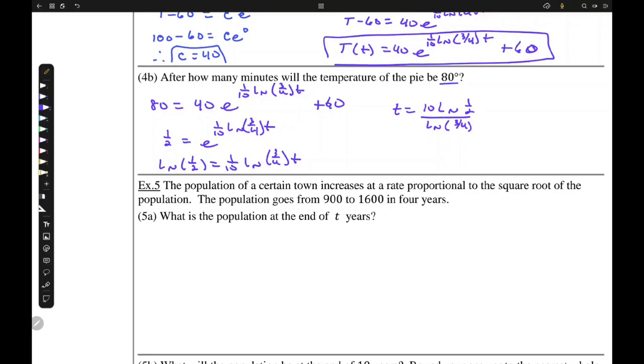And so that's our exact answer. We like exact answers, but let's get an approximate answer. We can put this in our calculator and get an approximate value of 24.094 minutes. So after 24.094 minutes, the pie has cooled down to 80 degrees.